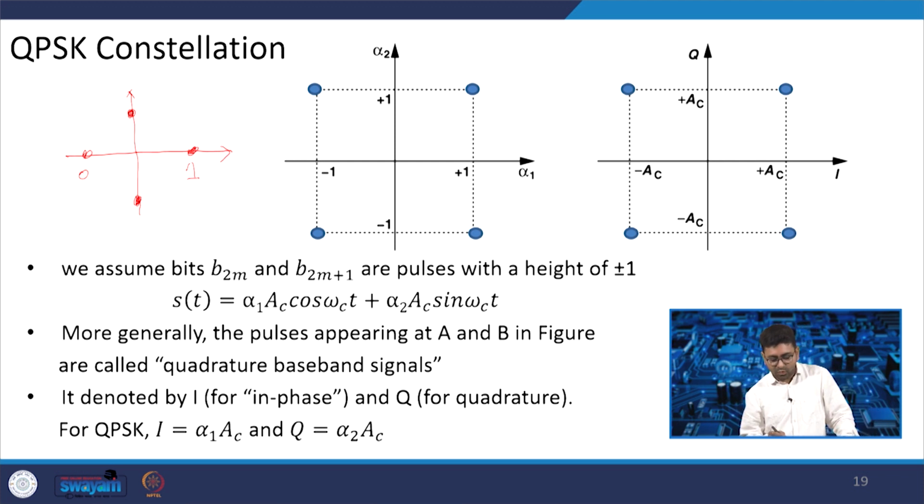If we draw it differently with a different amplitude, it looks like this, where the data is a combination of I and Q. Positive I and positive Q give one constellation point, positive I and negative Q another, negative I and negative Q another, and negative I and positive Q the last.